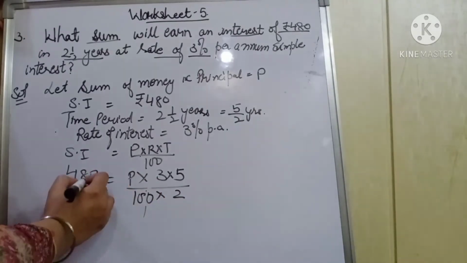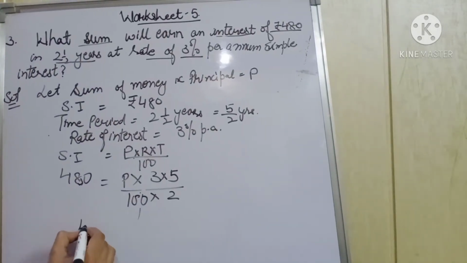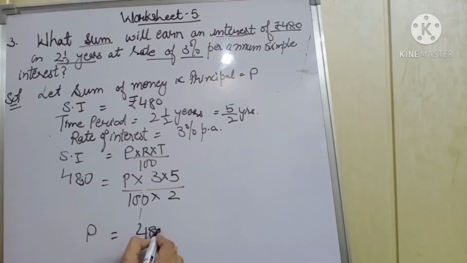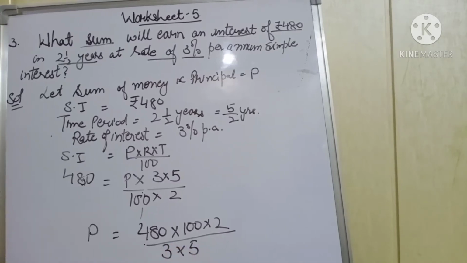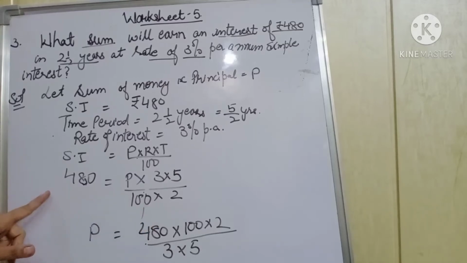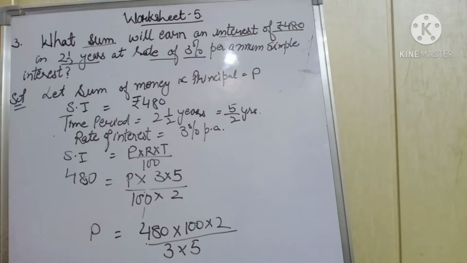When you transpose, what you are getting? 480 into 100 into 2 by 3 into 5. 100 and 2 are in the denominator, on that side they go in the numerator, and 3 and 5 are in the numerator, they come in the denominator.